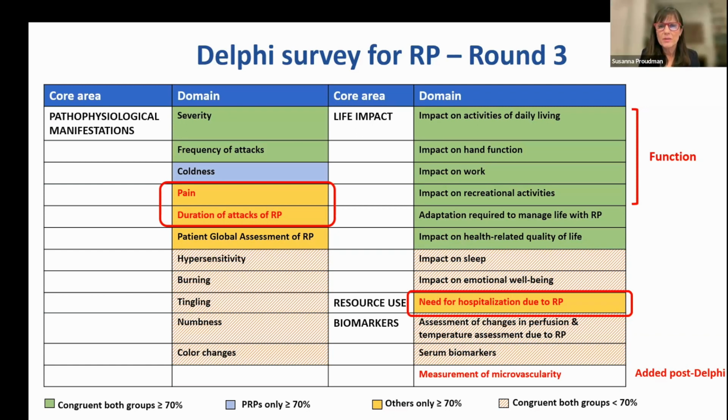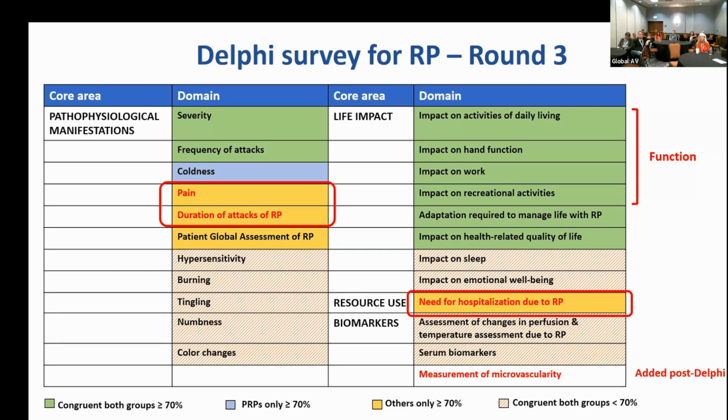I think we were quite surprised that these didn't rate higher, because as clinicians, many have been under the impression that burning and tingling and other sensory changes significantly overlap with what might be interpreted as pain in a more neuropathic sense. As we move on to our draft core set, we still felt that sensory changes in response to cold as part of the Raynaud's experience is worth further study. So we've considered adding that to the research agenda, because we appreciate that pain is something of an oversimplification.